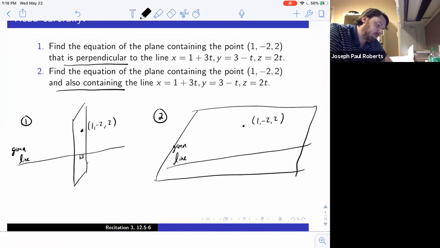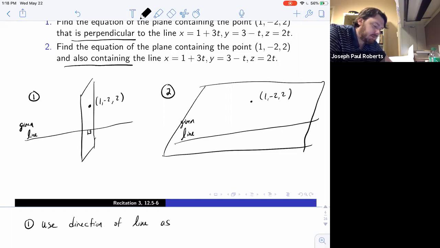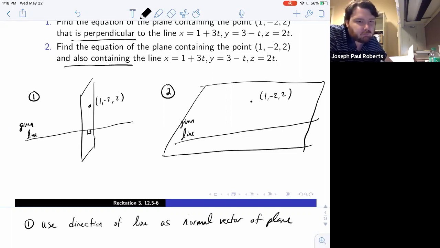But yeah, so anyway, for question 1, we can just use the direction of the line as the normal vector of the plane, right?